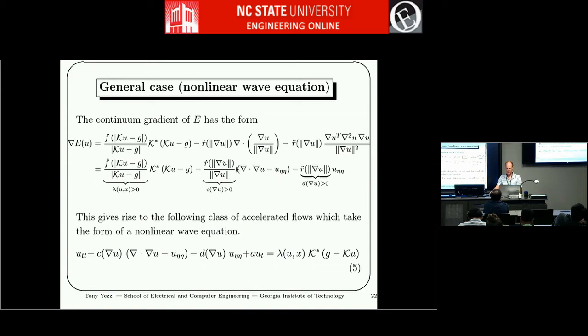In a similar way, your regularizer can be broken up into two different types of terms. One would be the second derivative normal to the level sets of your function u, multiplied by something that we assume is positive. It doesn't have to be linear, but it's positive. And then we have all of the rest of these second derivatives.